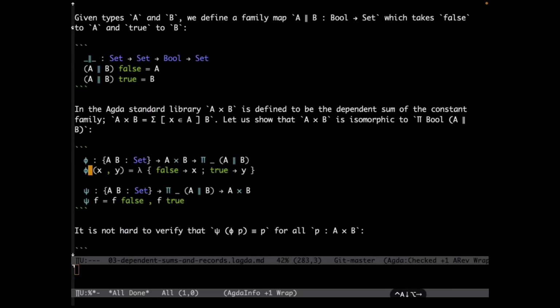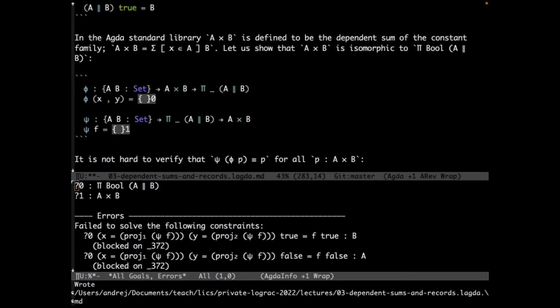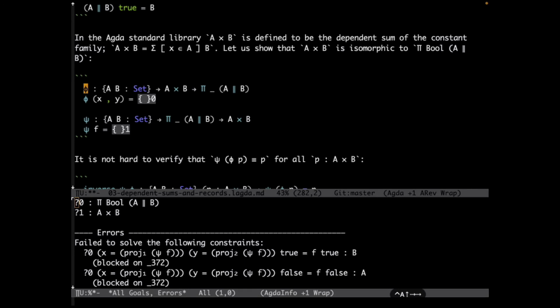Now, let's get rid of these and define together the isomorphisms. So the first isomorphism is the phi. This one, oh, by the way, this thing here is just a shorthand for sigma.